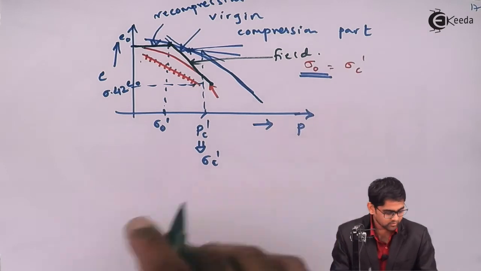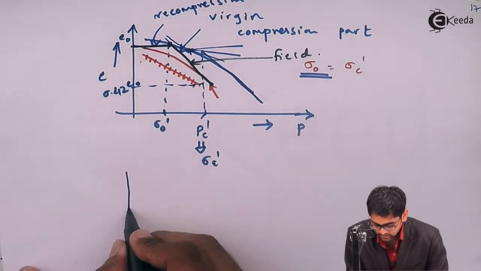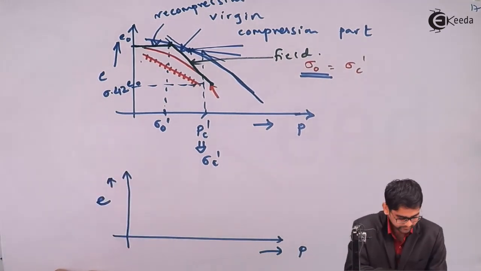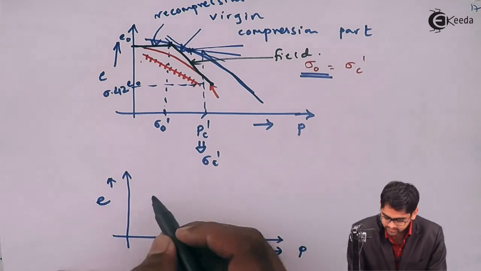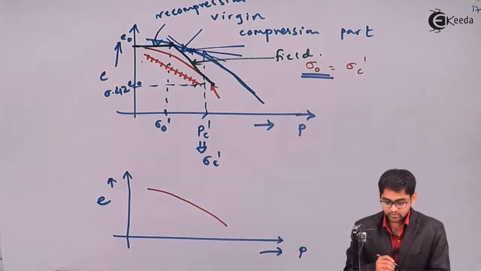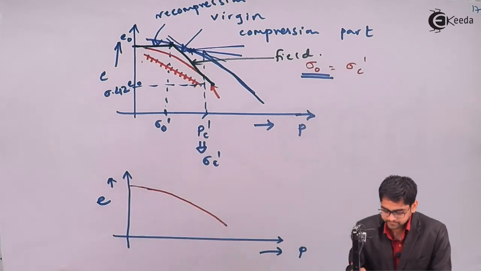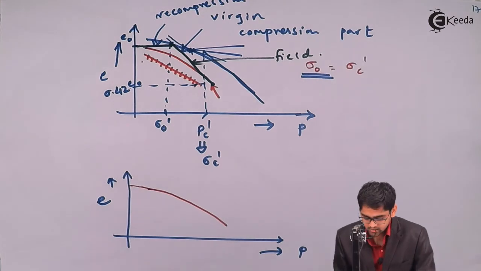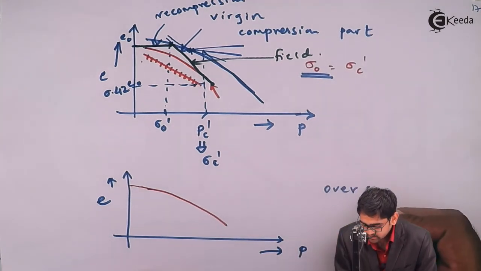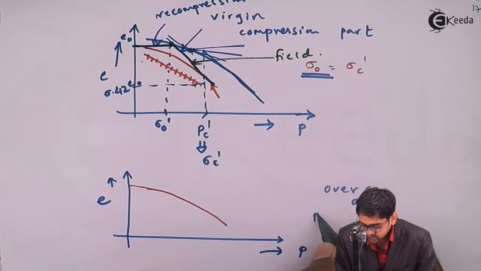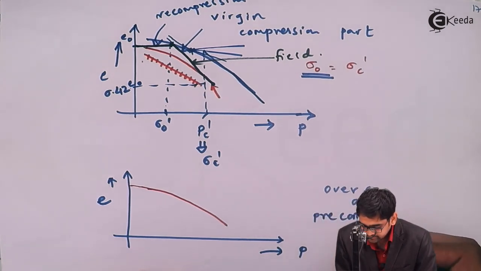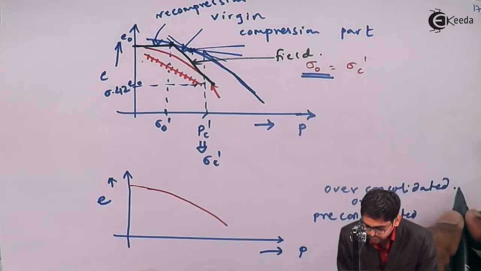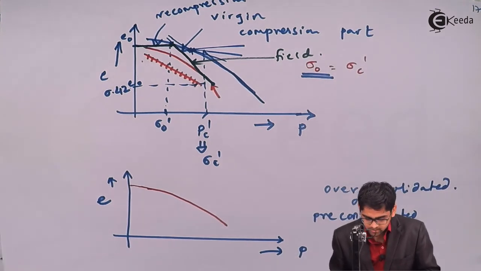Right? This is applicable for normally consolidated soils. But for over consolidated soils, if you have a continuous curve like this, you cannot get two different parts like the recompression and the virgin compression part. This is for over or pre-consolidated soils, one and the same meaning.